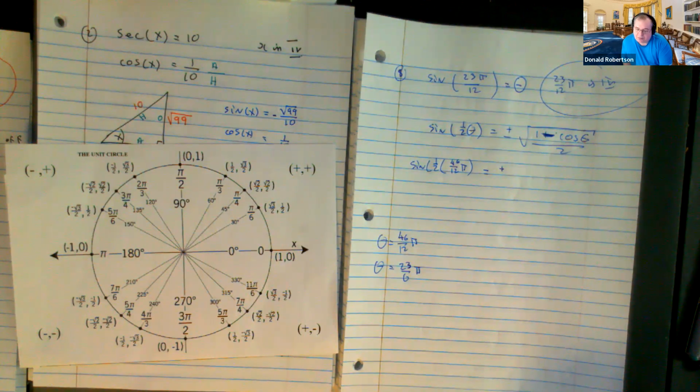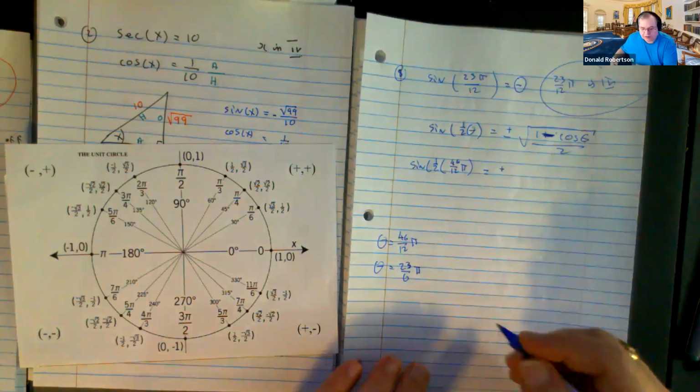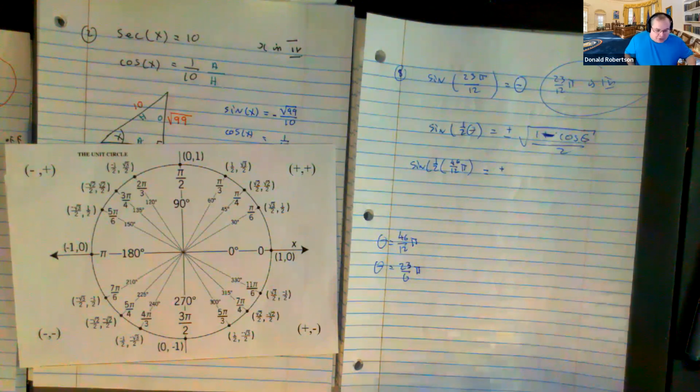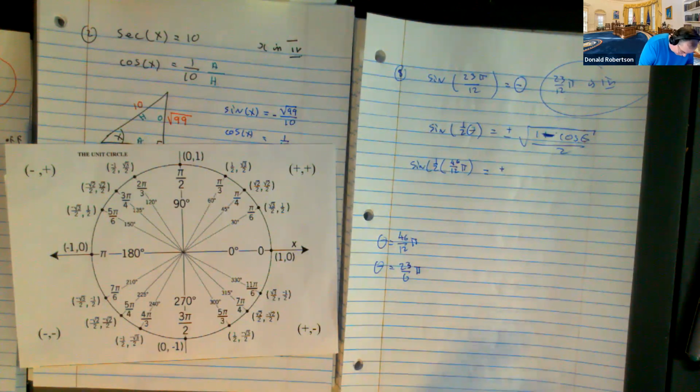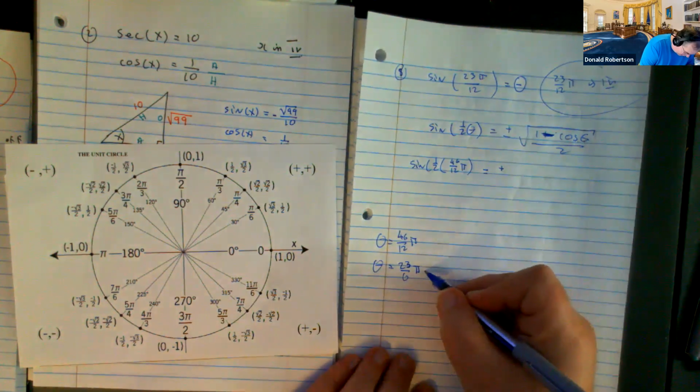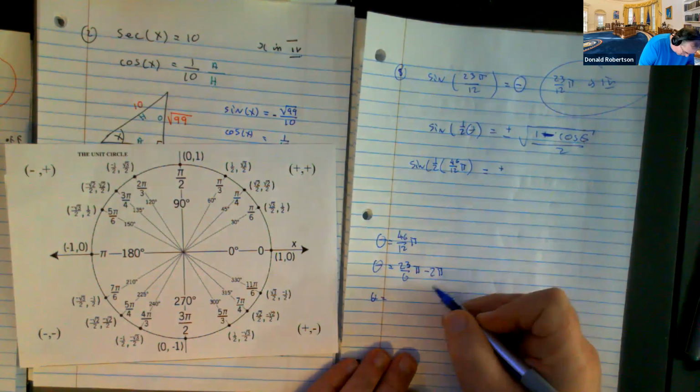Well, isn't he more than 2 pi? Mm-hmm. So I don't really want to find the cosine of 23/6 because my unit circle doesn't have 23/6 in it. And so all I'm going to do is knock off 2 pi, which is essentially 12 of them, and that leaves me with 11/6 pi.